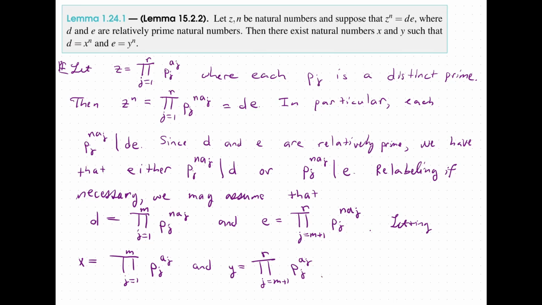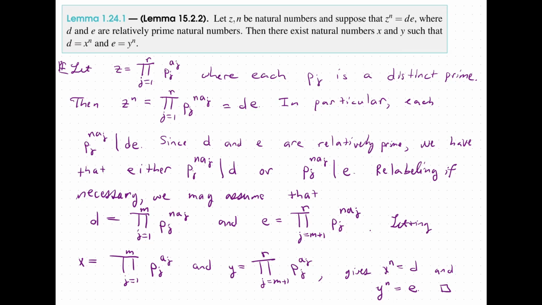This gives that x to the n is d, and y to the n is e, which is what we wanted to prove. And so we have shown the existence of x and y so that d and e are both perfect nth powers. That's the key takeaway here.